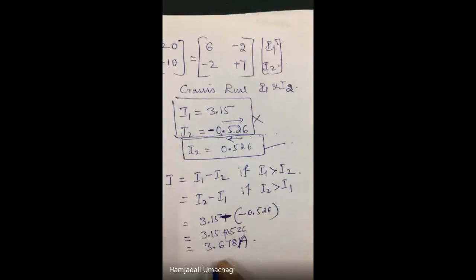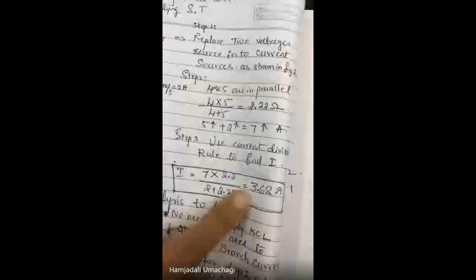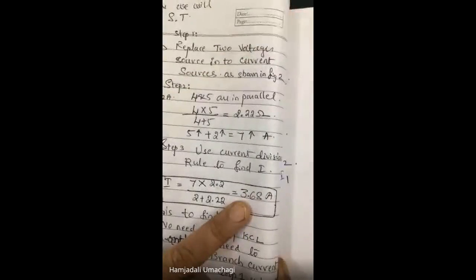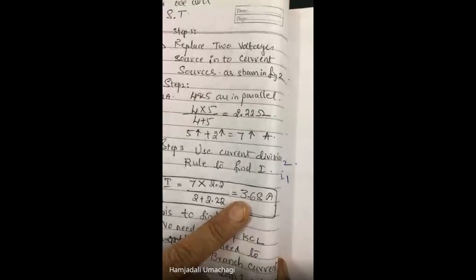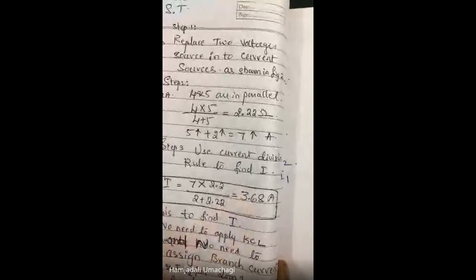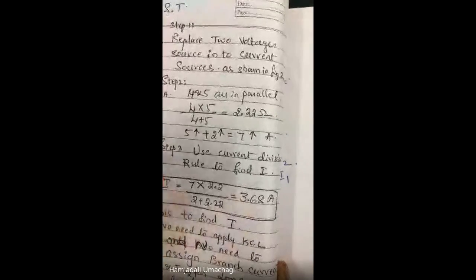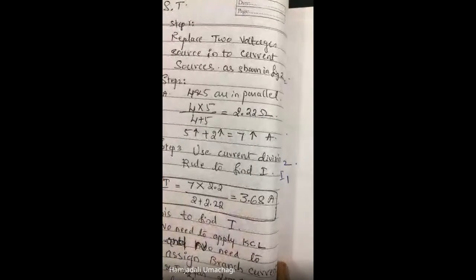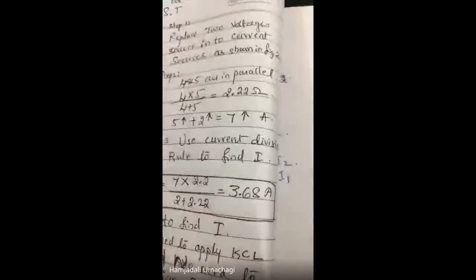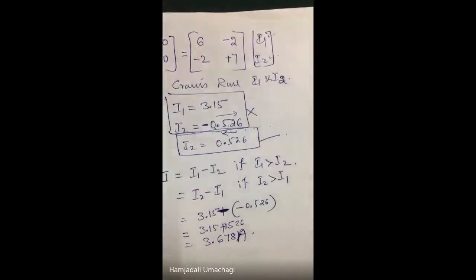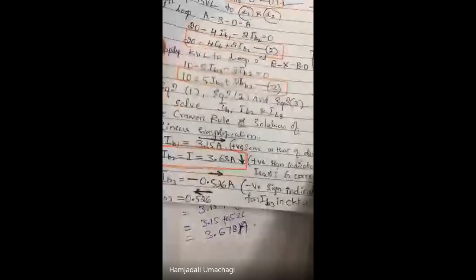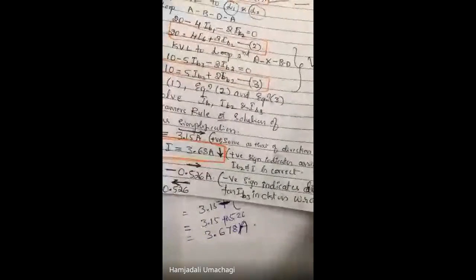Same answer we have got by using source transformation, that is 3.68. I will send all the solutions: the solution obtained by source transformation, the solution obtained by KVL and KCL. What is the current we got by applying KCL?